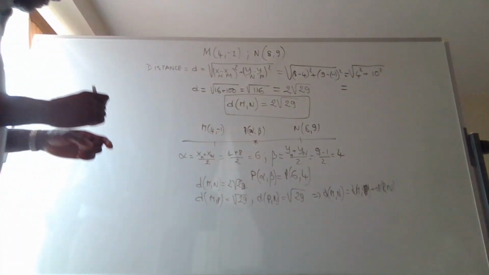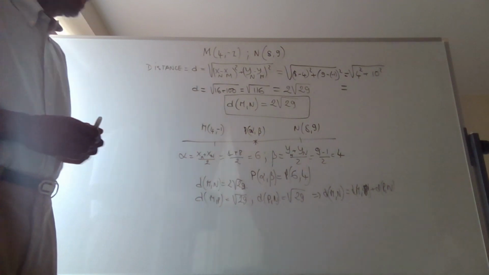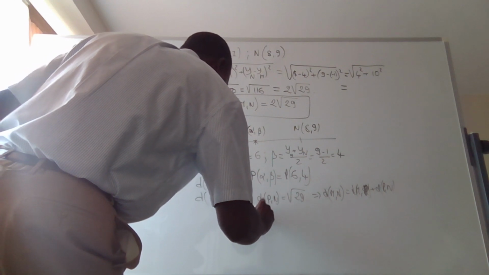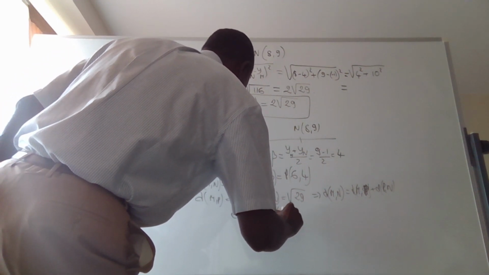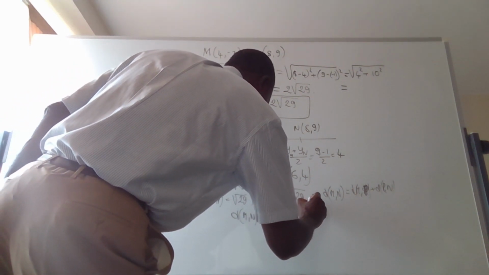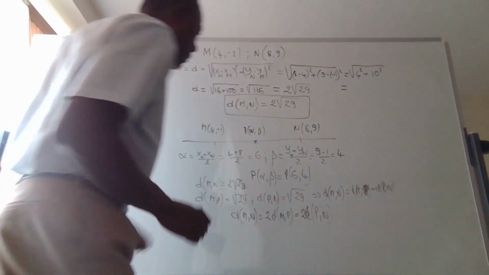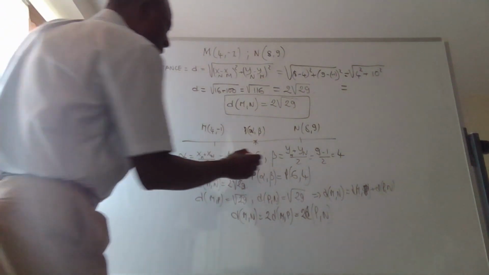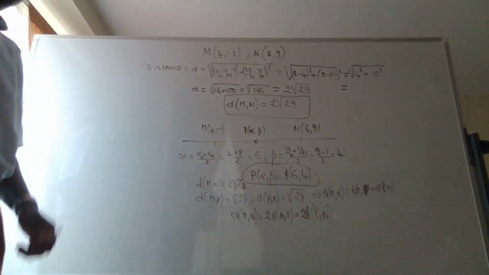So you see that distance MN is equal to 2 times the square root of 29, with distance MP equal to distance PN. So you can verify after you compute the coordinates of the midpoint. So this is the answer to the question.